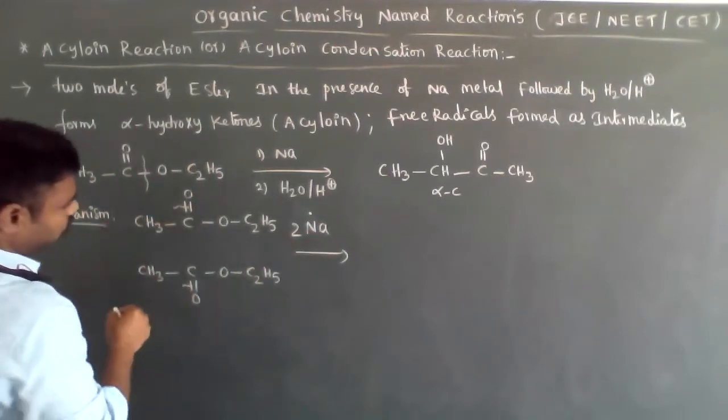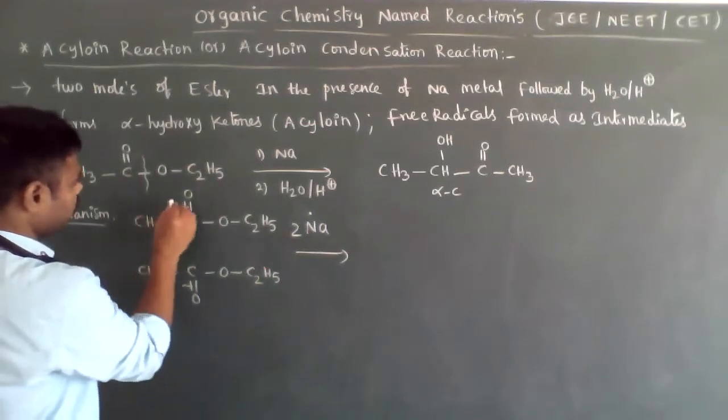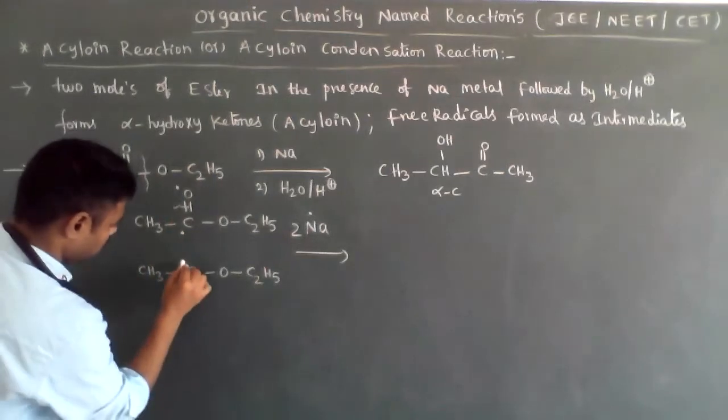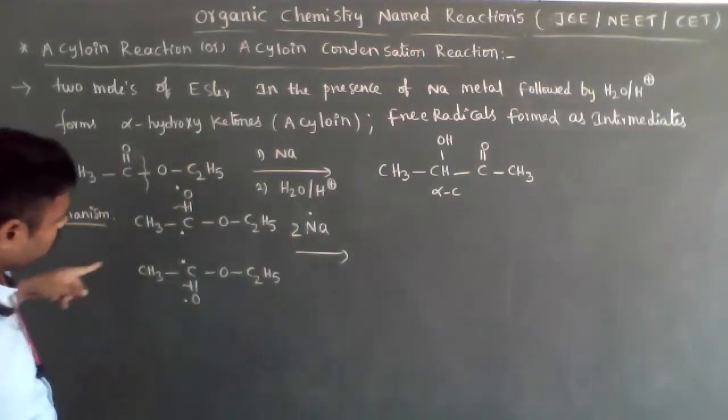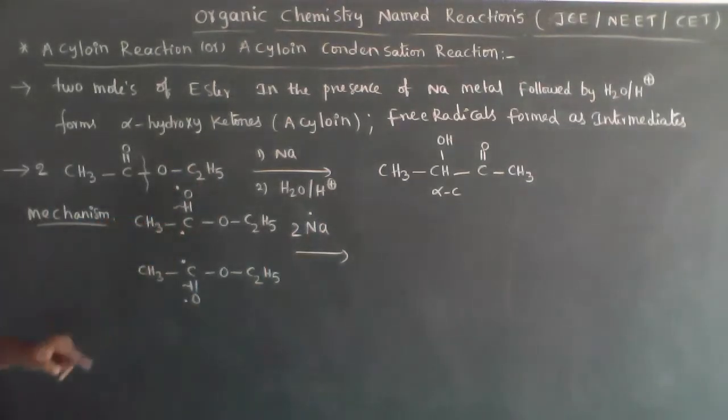This C=O group undergoes homolytic cleavage. Then we get this carbon having 1 free radical and oxygen having 1 electron.